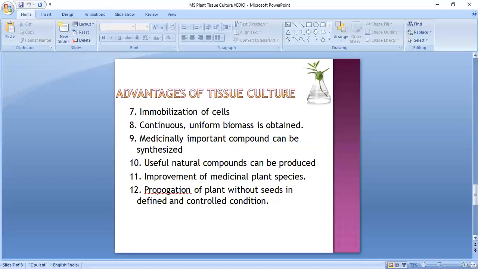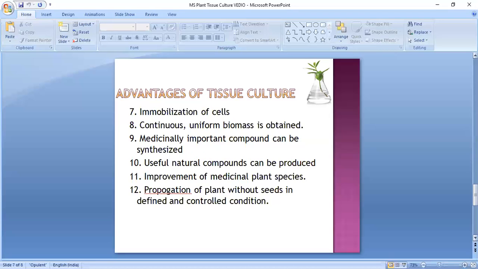Next and last is propagation of plant without seed in defined and controlled conditions. Because in the cultivation method, propagation is done only by the seed or sometimes by the stem part. So here we can use any type of plant, any part of the plant for the plant tissue culture.